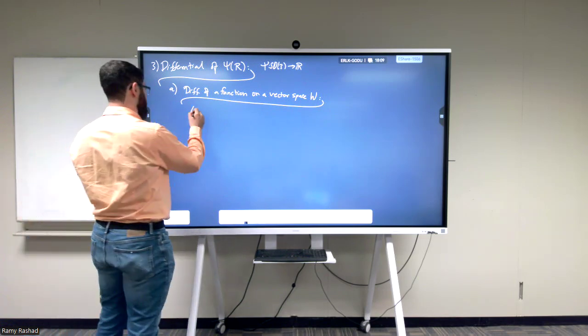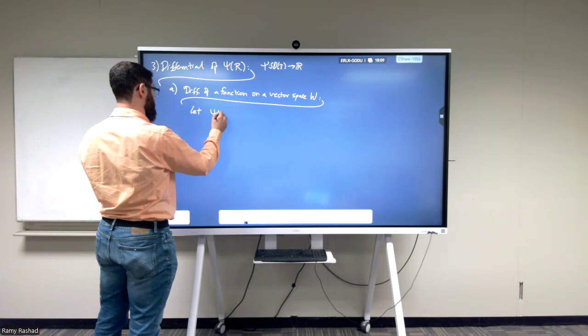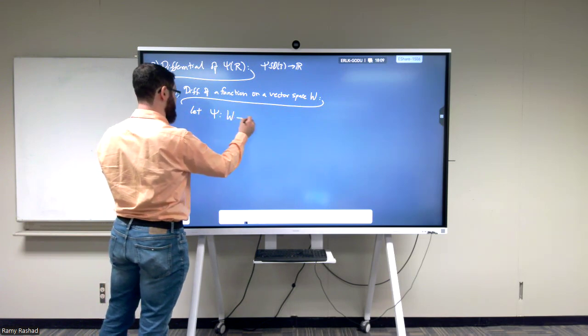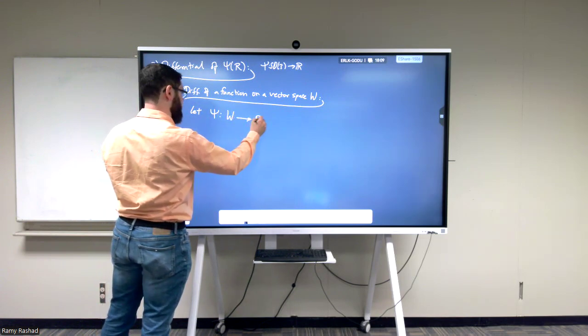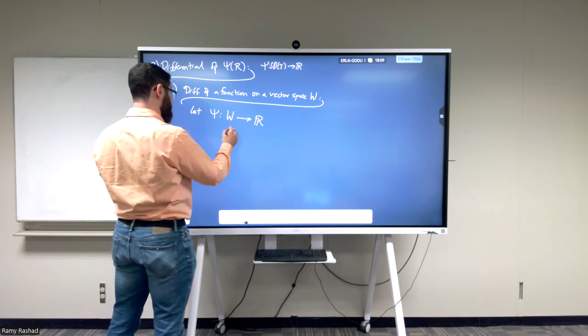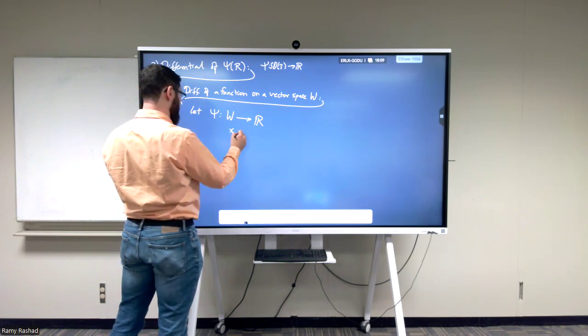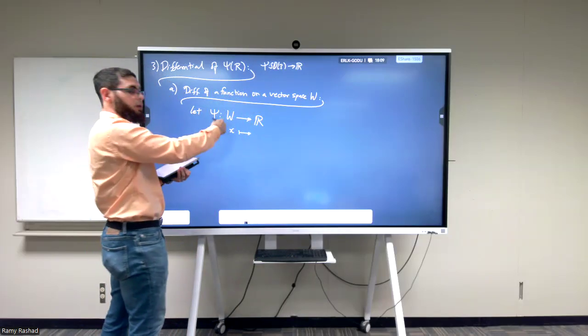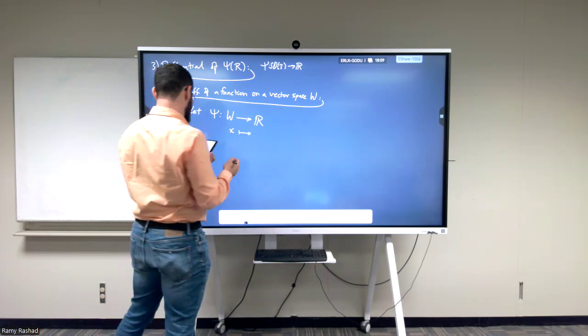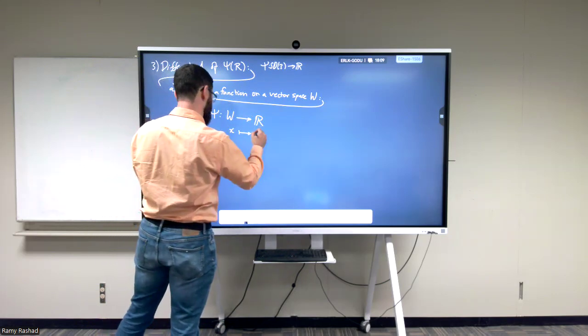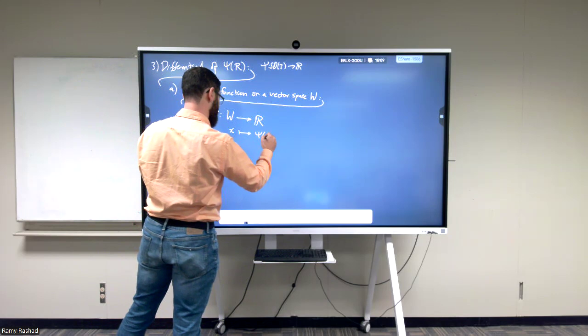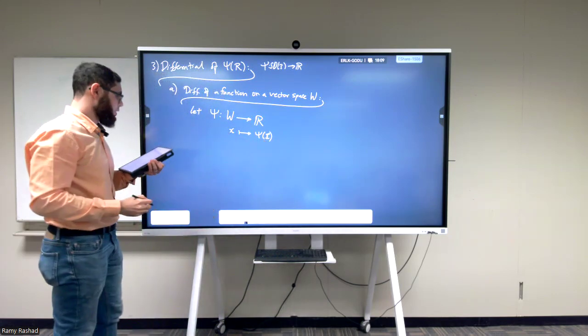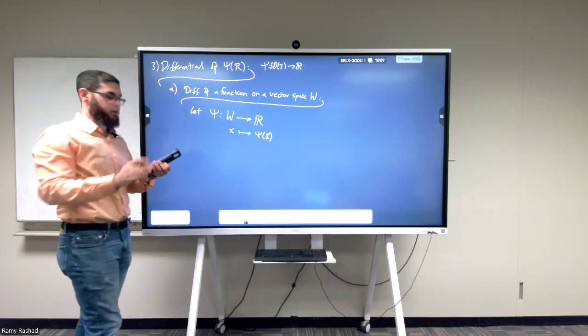So let psi be a function from the vector space W to R, defined such that it takes any point X, a vector in W, to a real number, psi of X. And W is any vector space.